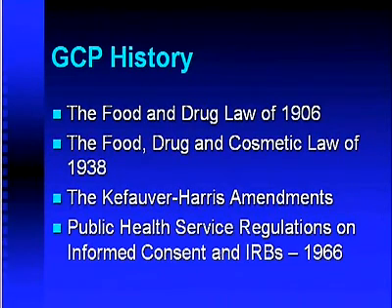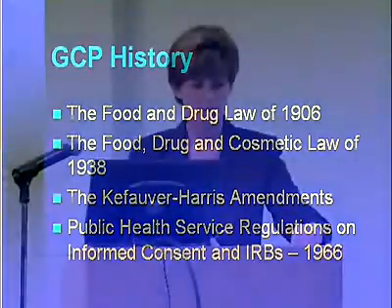these new guidelines. The Food and Drug Law of 1906 really resulted from the public response to a book by Upton Sinclair about the jungle and the atrocities in the meat packing plants. And there was also a public response at that time to several dangerous and addictive additives that were included in patented medications.